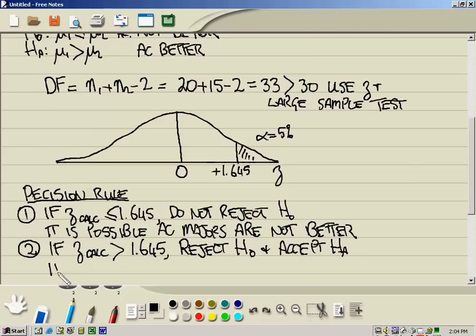And for the interpretation, it is likely the accounting majors are better on average.